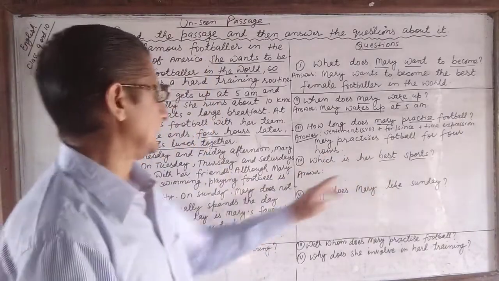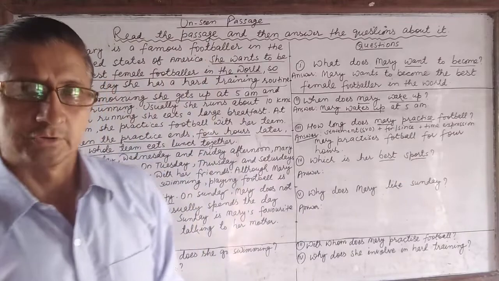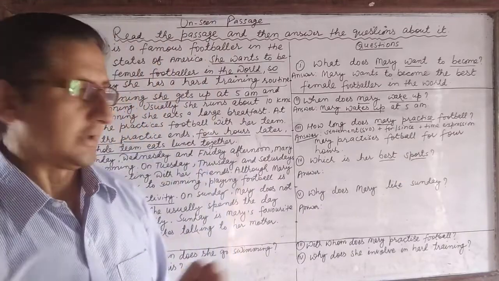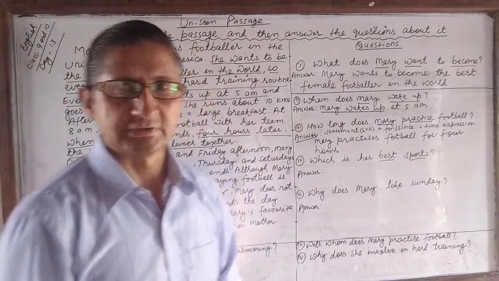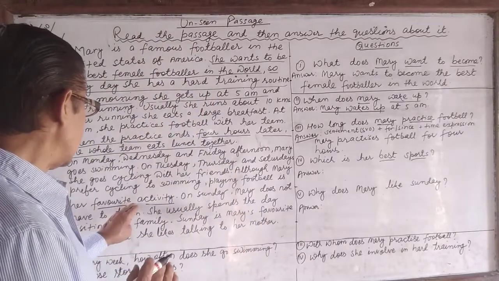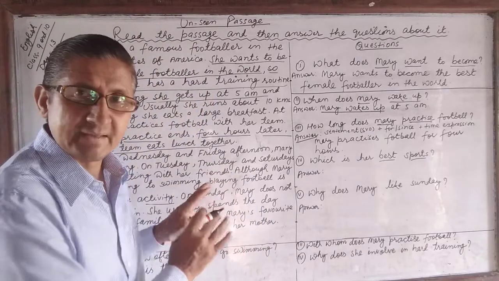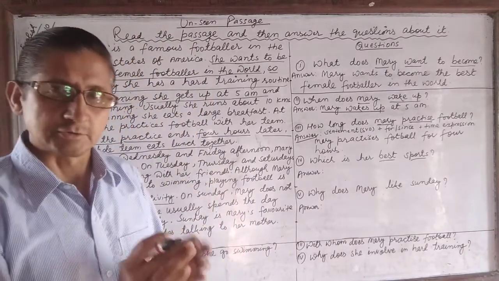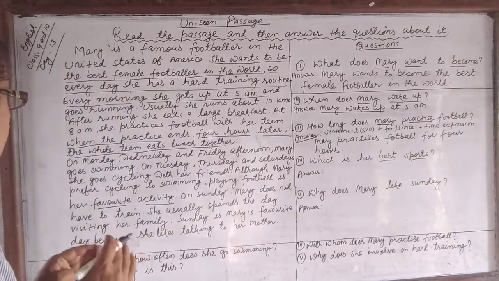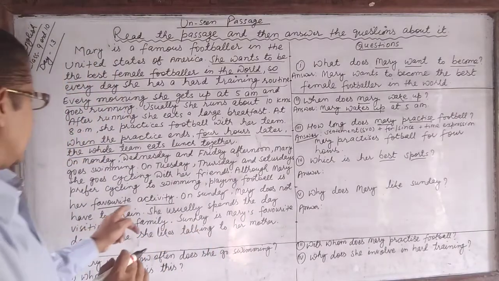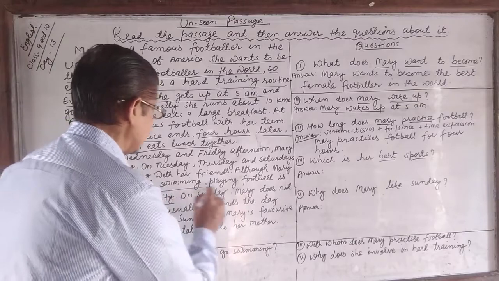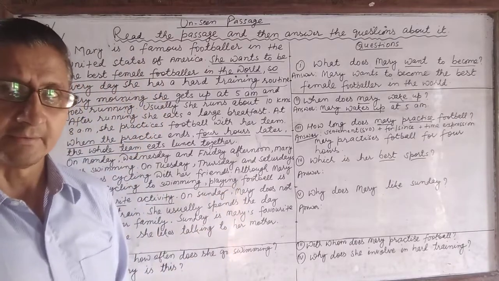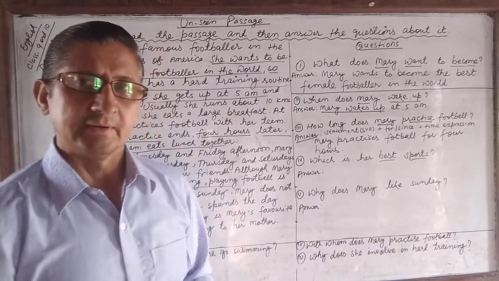Activities mean sports. Okay? So the keywords of the question and the keywords of the passage match in this sentence. So we locate the answer in this sentence, and we write the answer in our own words.